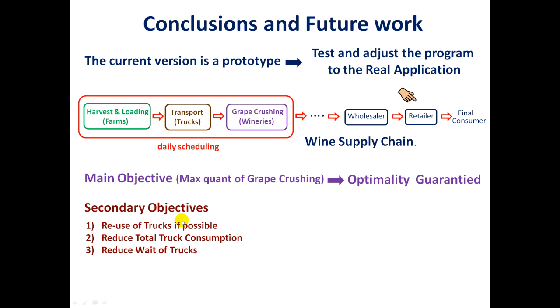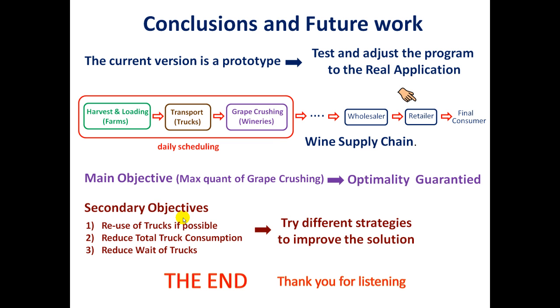So we have to resort to the expert to tell us whether or not the solution is good. So we should try to use different strategies to improve the solution. You can never be sure that you really attained the optimal, because as there are secondary objectives, there is no formal optimal. And that's it.